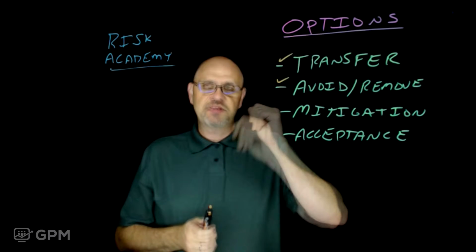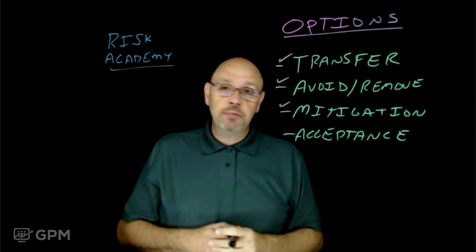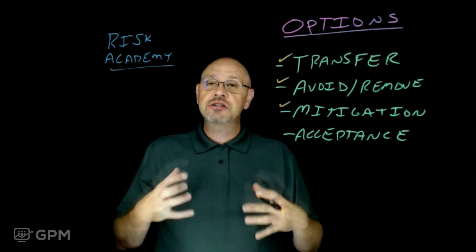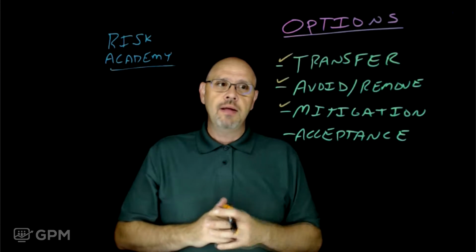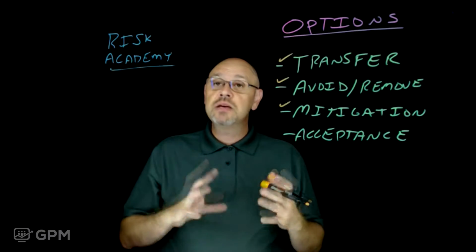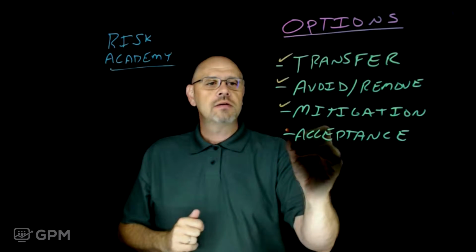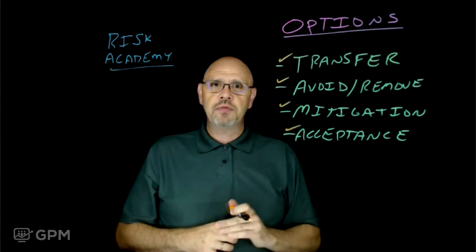Literally, just chop it off and be done with it. This is the one most people assume and talk about as risk mitigation. This is where you actually do things to bring that risk from a higher level to a lower level. This typically involves spending resources, time, people, or money. Or you can accept the risk as is and just move on. So we'll talk about them.